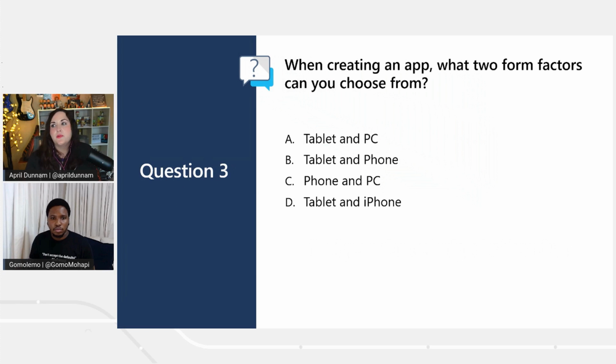When creating an app, what two form factors can you choose from? So we have A, tablet and PC. It's interesting. We have B, tablet and phone. C, phone and PC, or D, tablet and iPhone. Right, yeah, I'm thinking it's definitely not D. There's no specification in here on the type of phone for sure, right?